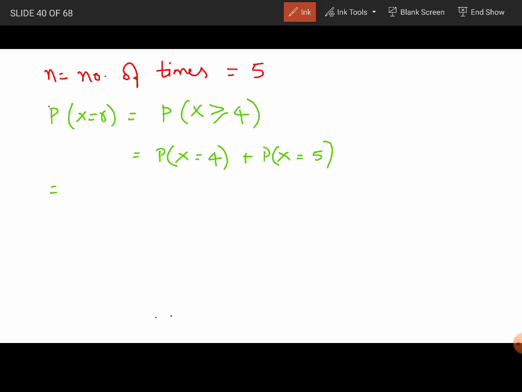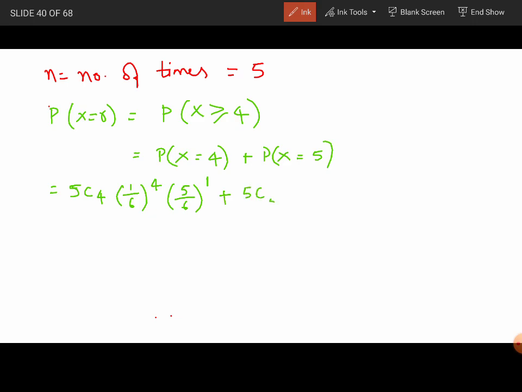So from the formula you can write down 5C4. What is P? 1 by 6. 1 by 6 to the power of R, R is 4. And Q to the power n minus R. What is Q? Probability of failure, 5 by 6 to the power of n minus R. So 5 minus 4, which is 1, plus again NCR.